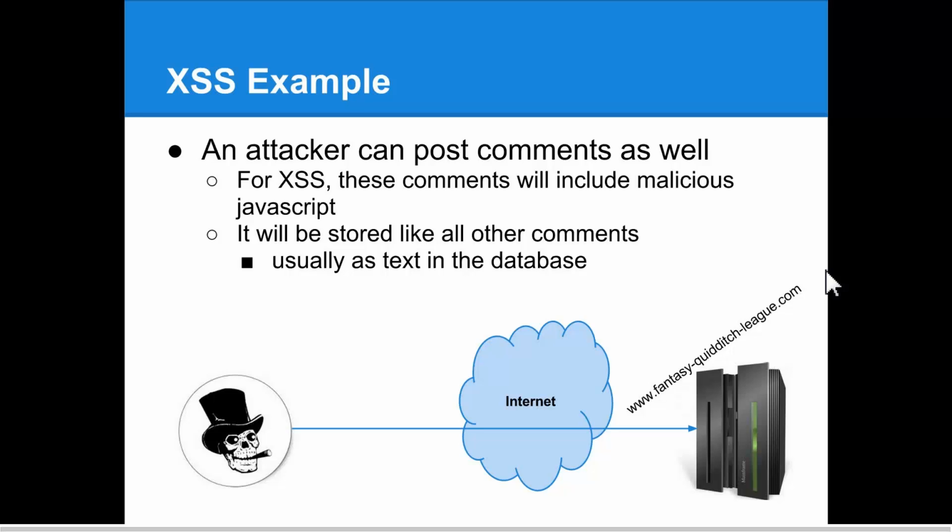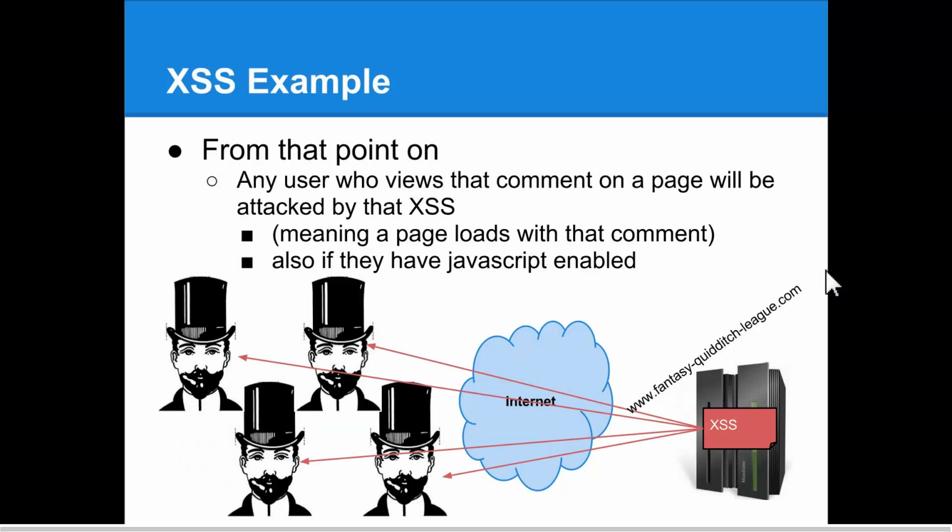When it's sent to the server, his cross-site scripting attack will simply just be stored in the database, and whenever someone visits that page or a page with that comment, typically just that forum thread, the database will populate the page with all the comments for that thread, and that script will then be put into the HTML content for that page, and whenever anyone visits it, their browser will execute that JavaScript, and thus they'll be attacked by the cross-site scripting. So that also requires that they have JavaScript enabled.